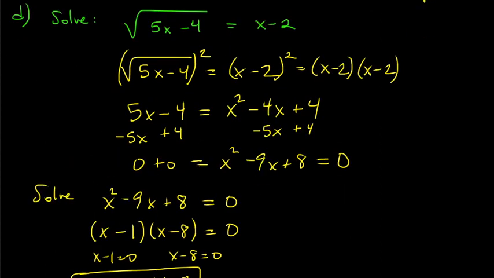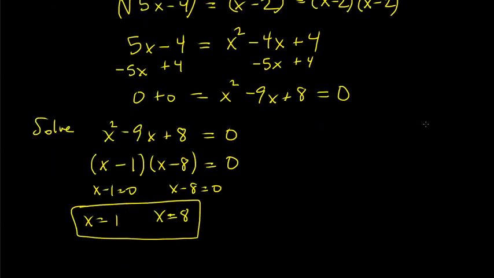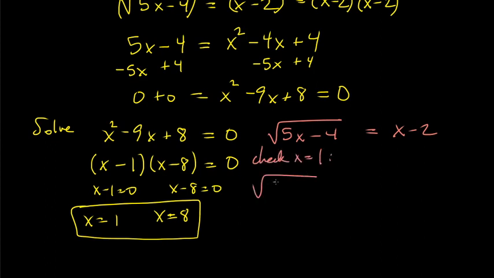But let's go back to the original equation here. The square root of 5x minus 4 equals x minus 2. So let's check x equals 1. We get the square root of 5 times 1 is 5, minus 4.